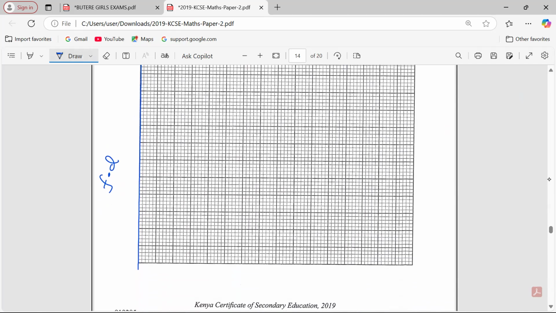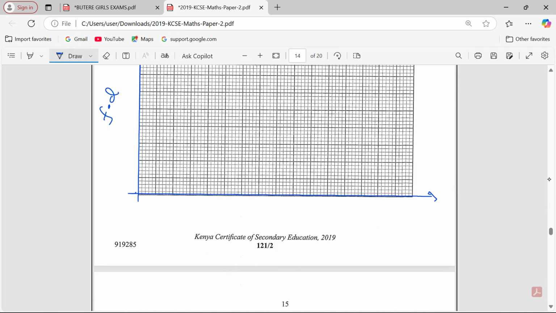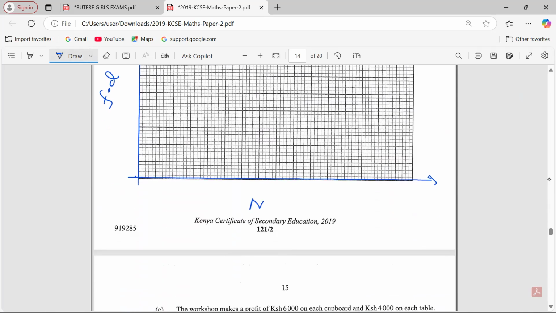Then on the horizontal axis, we are talking about the class intervals, starting from 0 all the way to 40. So from 0, we can go to 5, 10, 15, 20, 25, 30, 35, then 40.